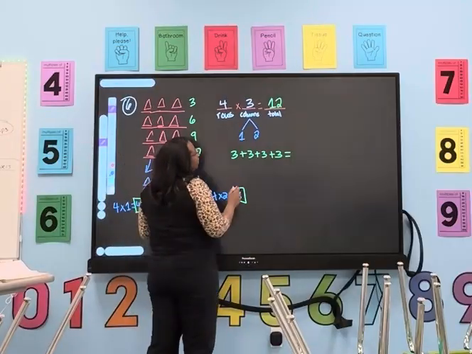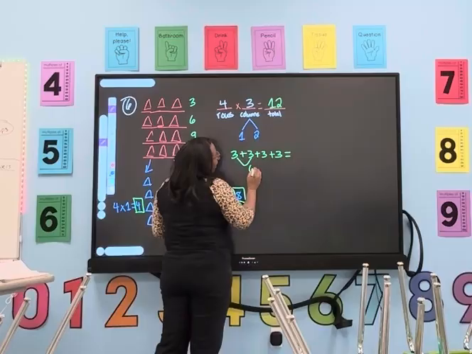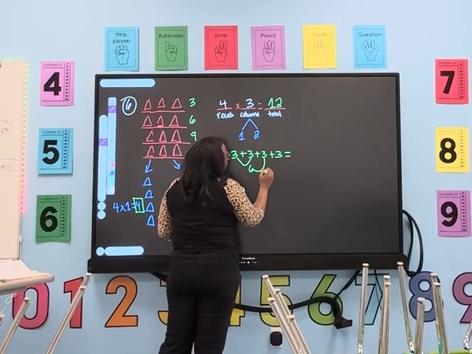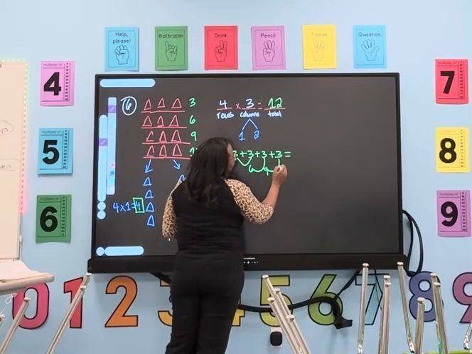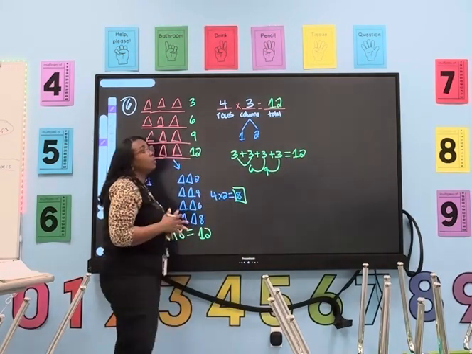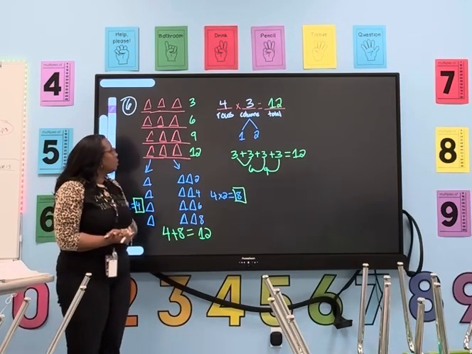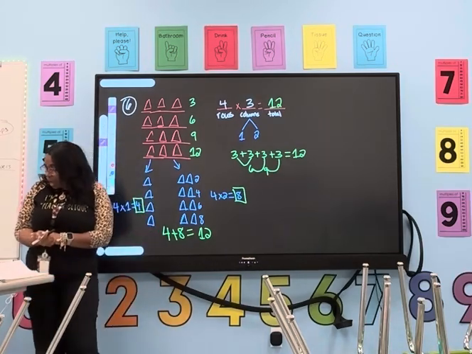So let's go ahead and add this up. We know that 3 plus 3 is 6. And then 6 plus this 3 is going to be 9. And 9 plus this 3 will give us a final answer of 12. So, hey, we did it correctly. So let's go ahead and answer our question.